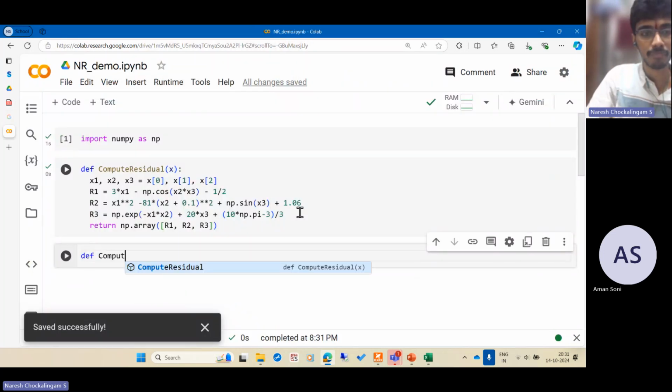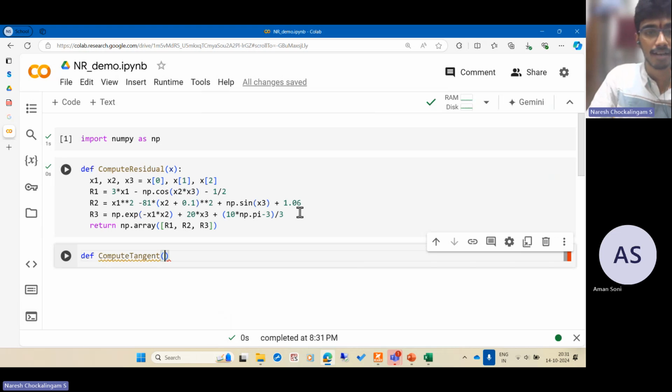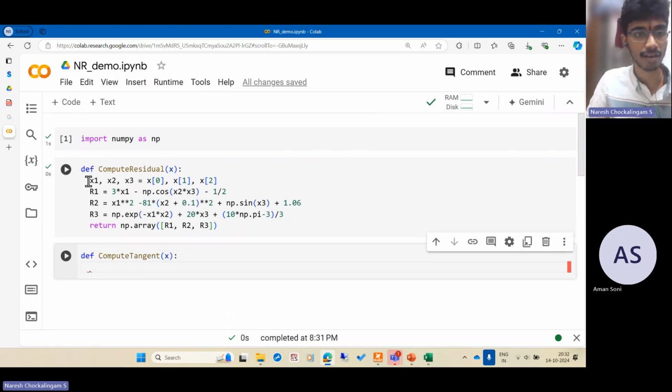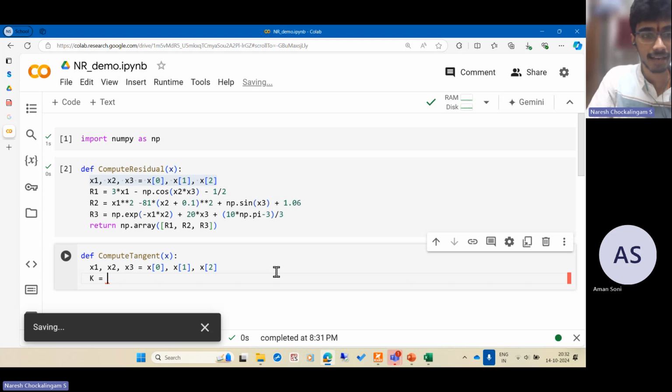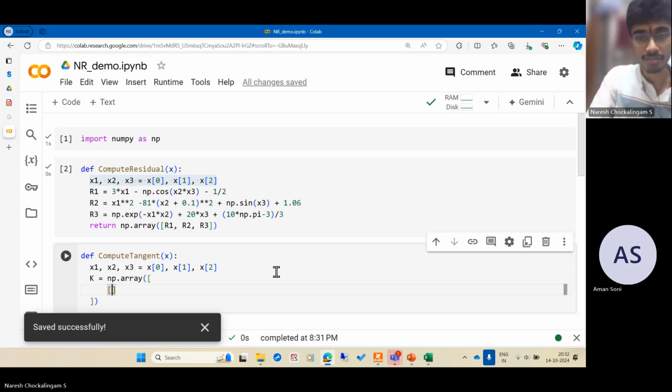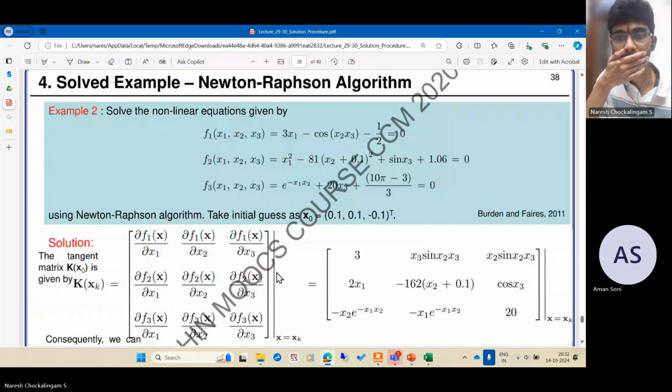So def compute tangent. Again, it will take x as the input. Again, let's take x1, x2, x3 out. Now let me just directly code K. K is np.array, which will initialize a matrix. The first row is 3, differentiate with x1, then you have x3 sin x2 x3, and then x2 sin x2 x3.